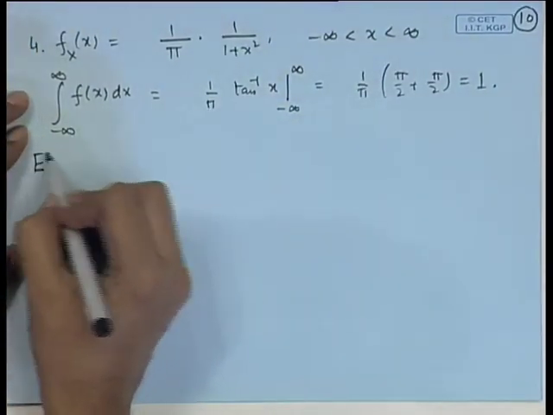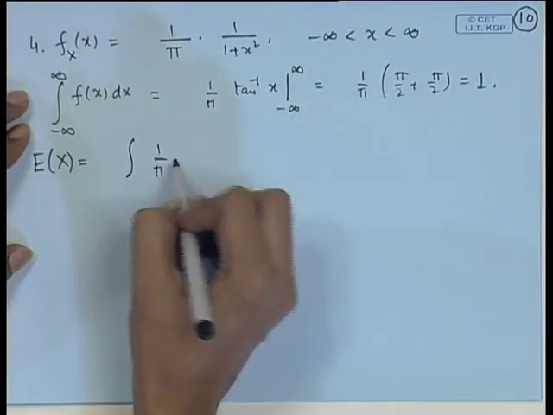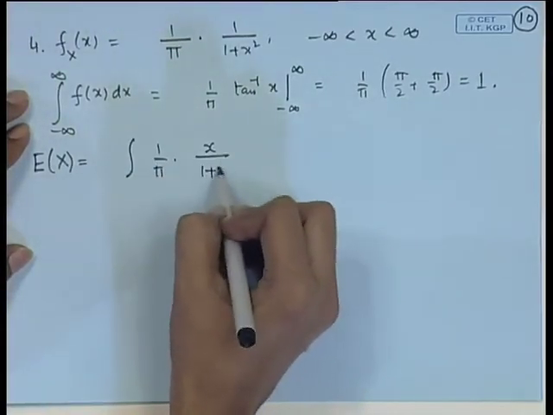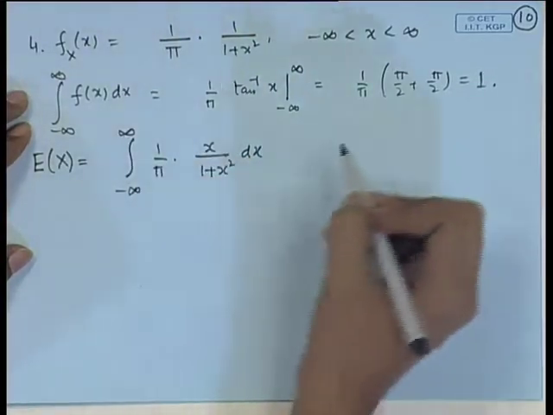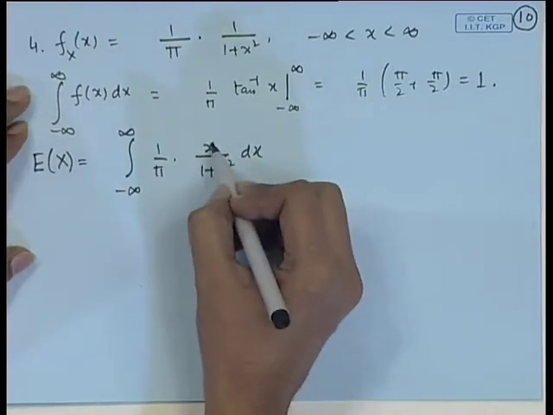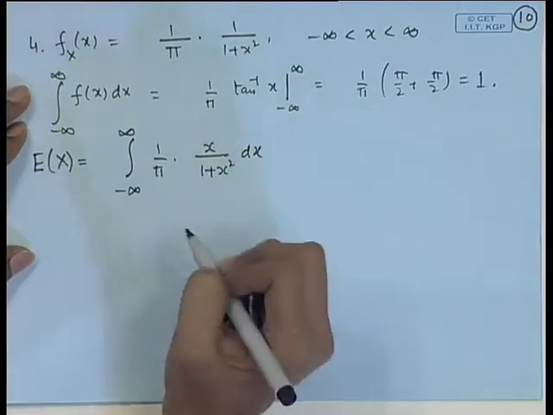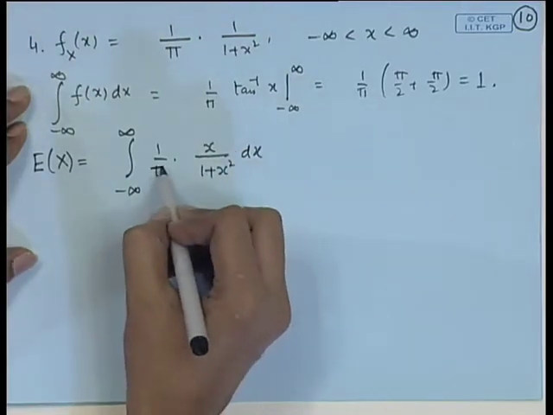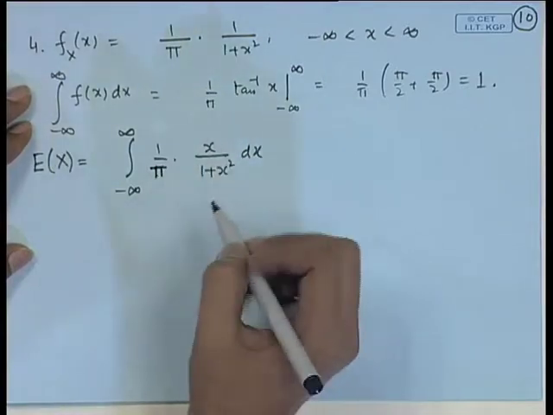However, if I look at the expectation of x, a common mistake here is that one can think that it is an odd function and it is over a symmetric region, so it should be 0. However, the property of the even function or odd function is applicable when the integral is convergent.